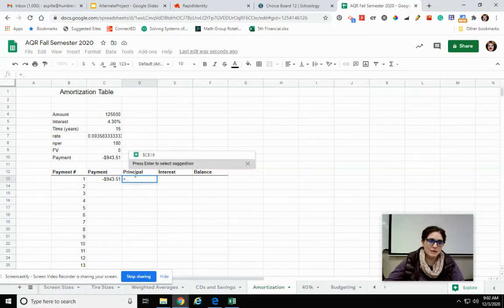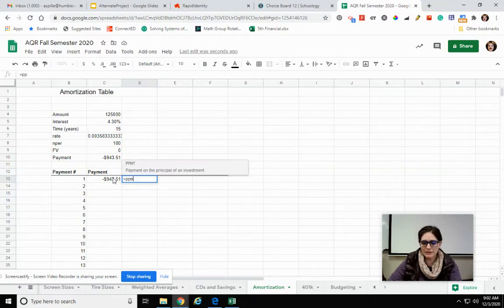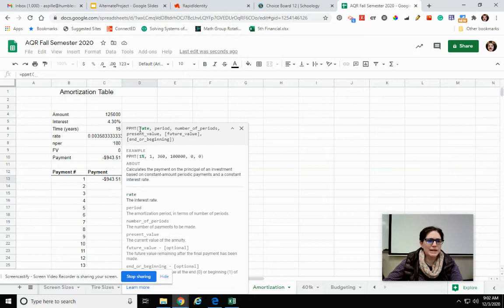So my principal is almost the same formula, but we're going to add a P for principal payment, PPMT. Open parentheses. And now this one, you've got to pay attention to the order because it changes by month. So rate, then the period number, which is this, then the number of periods, then the present value, then the future value.